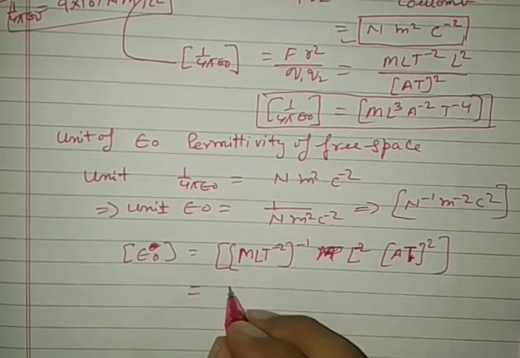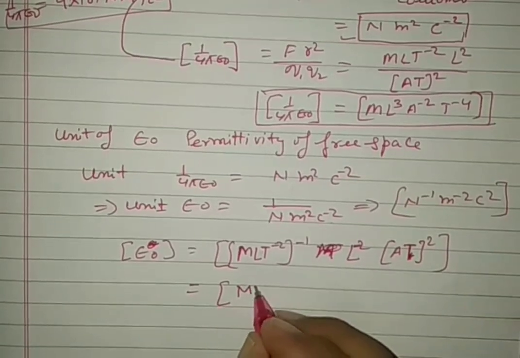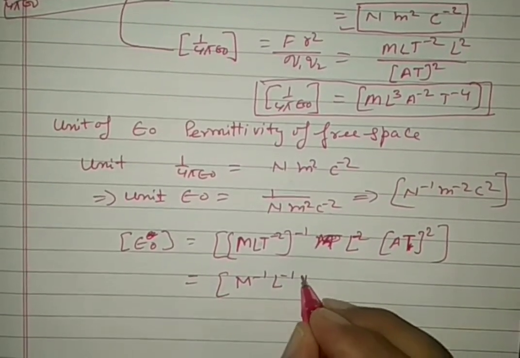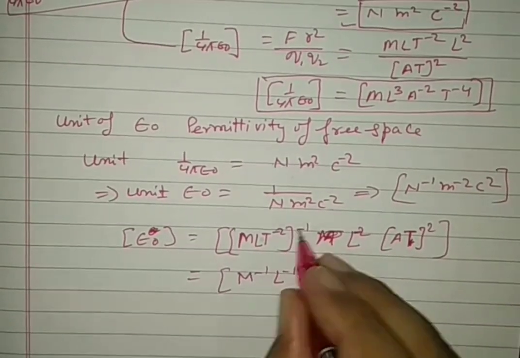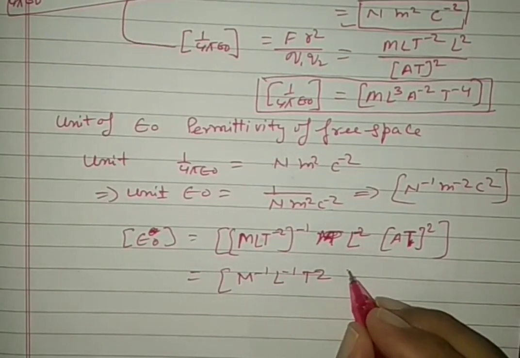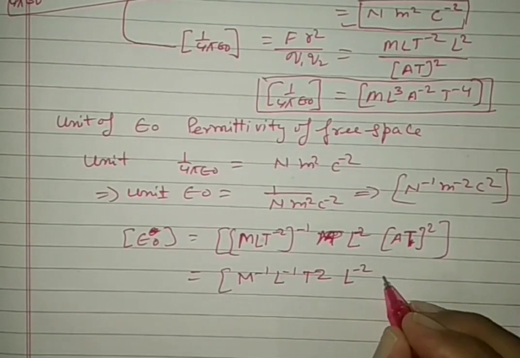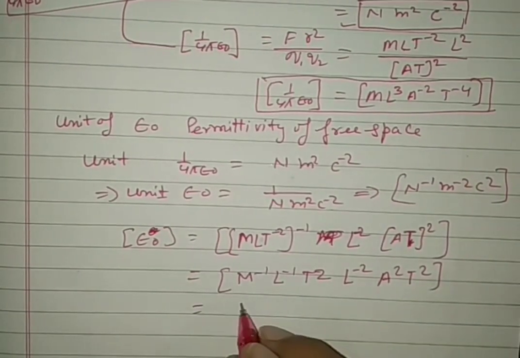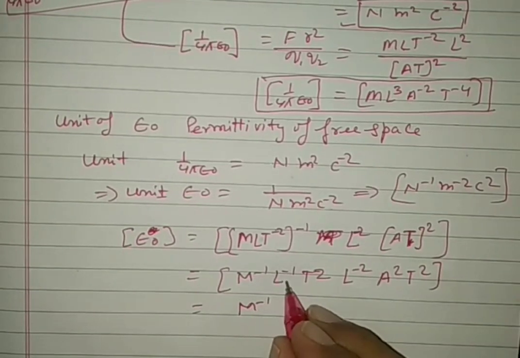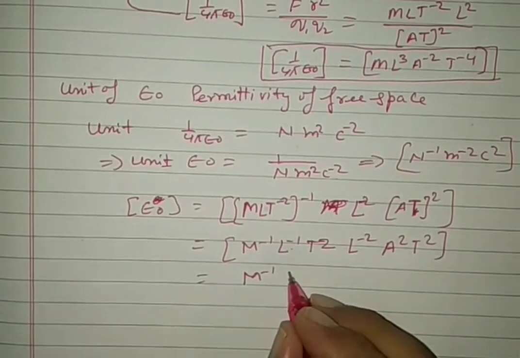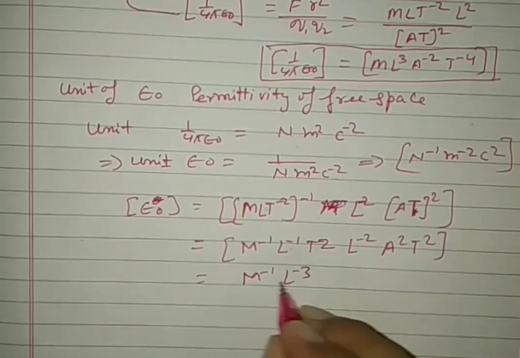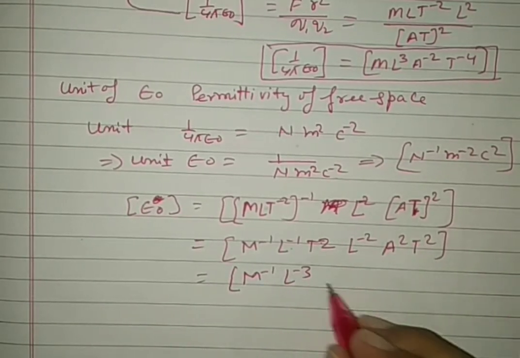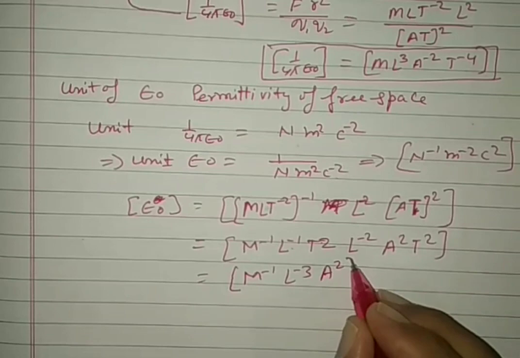So now it becomes M to the power minus 1, L to the power minus 1, T to the power 2, and L to the power minus 2, A to the power 2, T to the power 2. Now see, M is minus 1, L minus 1 minus 2 becomes L to the power minus 3, T minus 2 plus 2 is 0, A to the power 2.